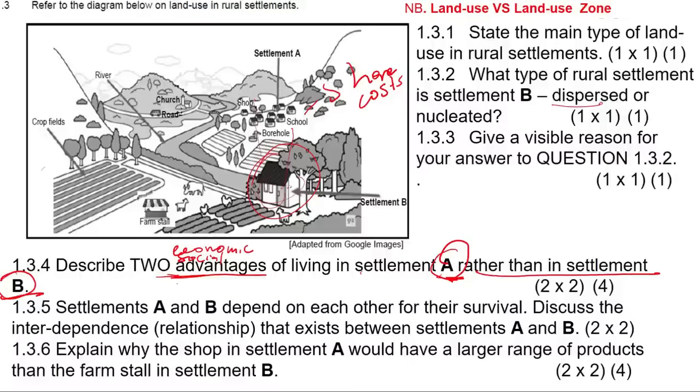But here you can see there's a bigger farm production.